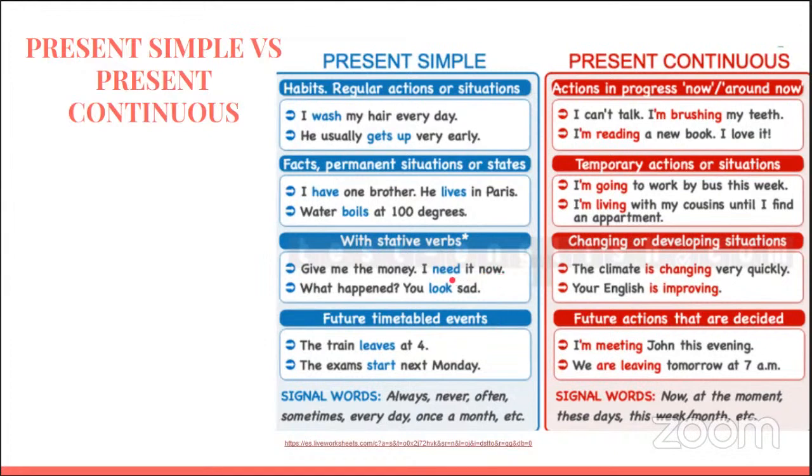Well, in this case, here you see that we have two statements, no? Two sentences. Give me the money. I need it now. In the second one, the person is making a reference that this person needs this money at this given moment. That's why. But if this were in the same first sentence, of course, it would be the present continuous tense. But here, it's split in two statements, right?